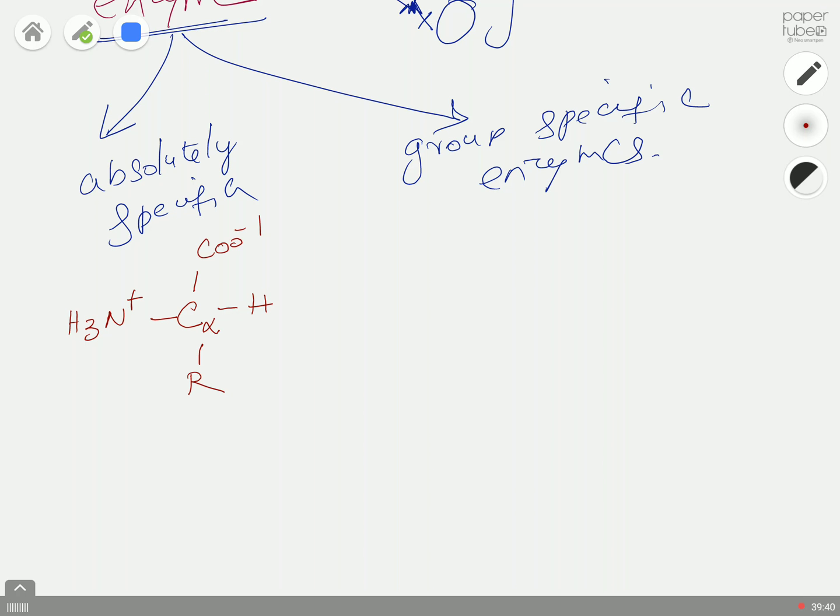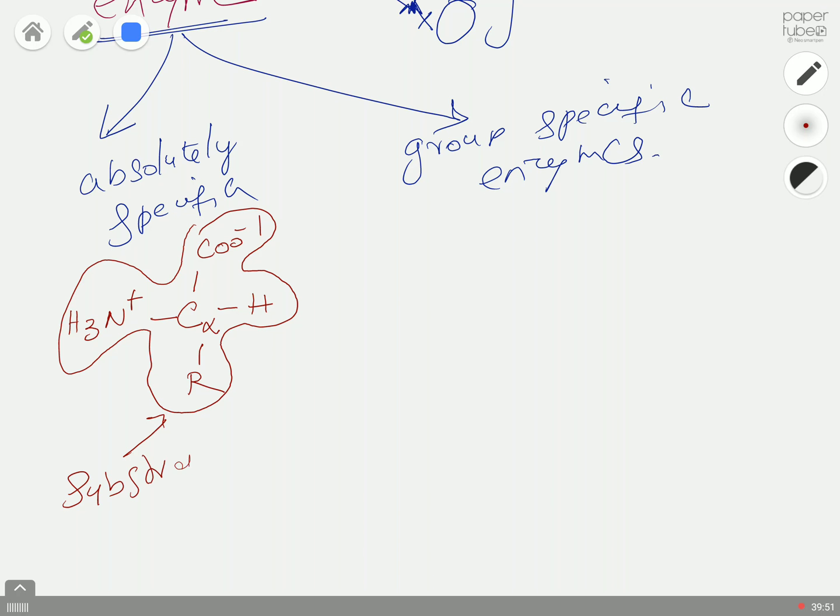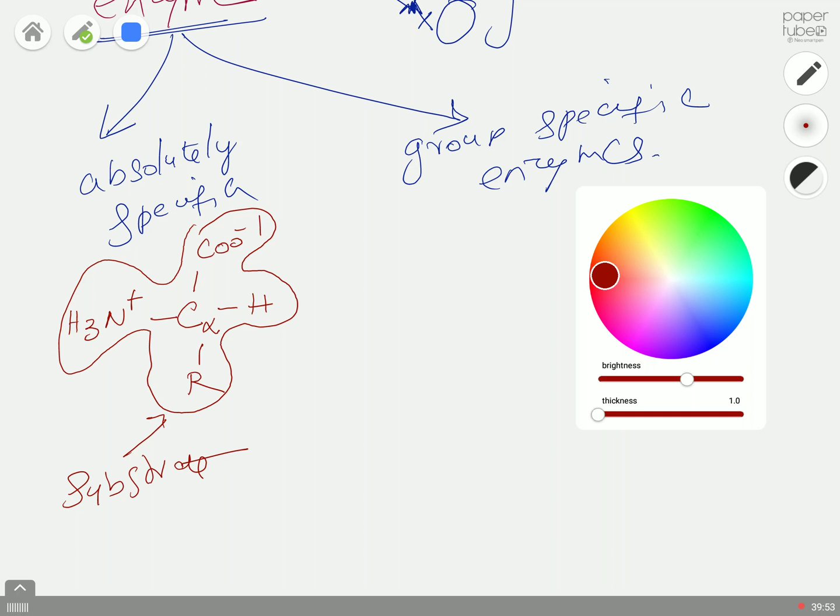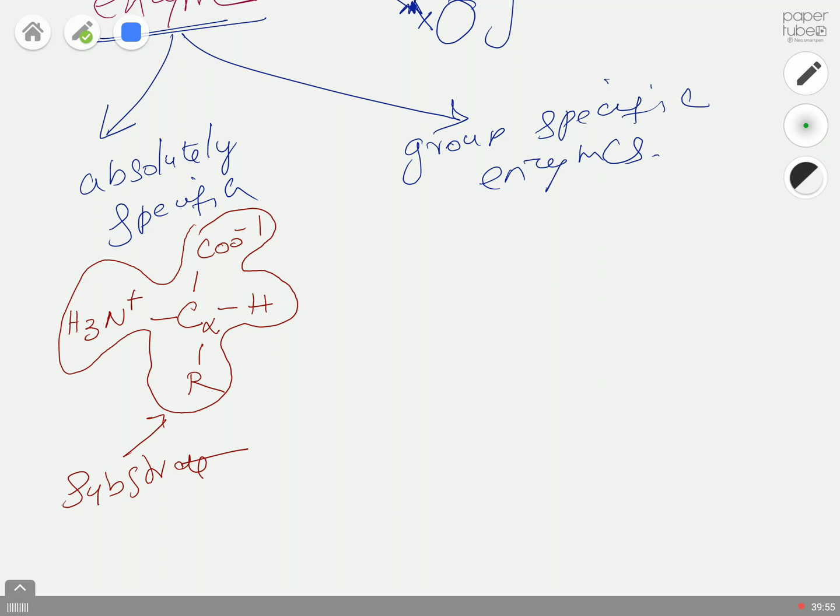COO minus. Say this is your substrate. Say this green part is your enzyme.